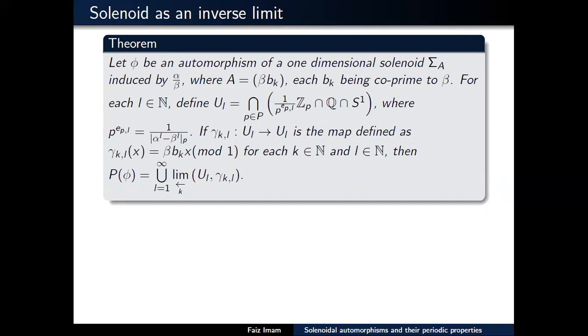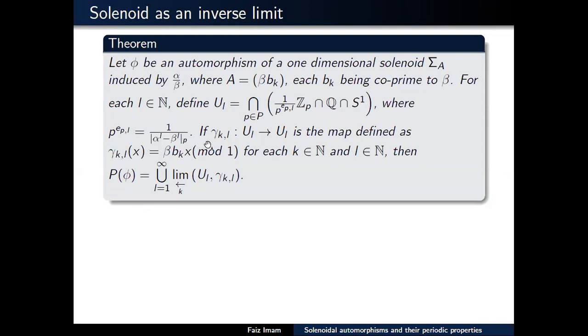UL is the intersection of 1 by P to the power EPL ZP, where ZP I defined before using periodic integers, intersection Q, intersection S1. Here P to the power EPL is defined as 1 by alpha to the power L minus beta to the power L, and you take the periodic norm of it.